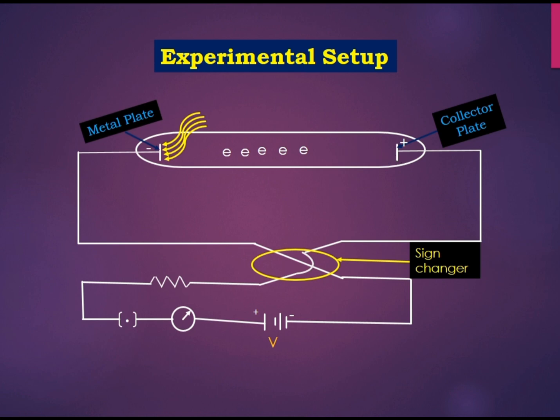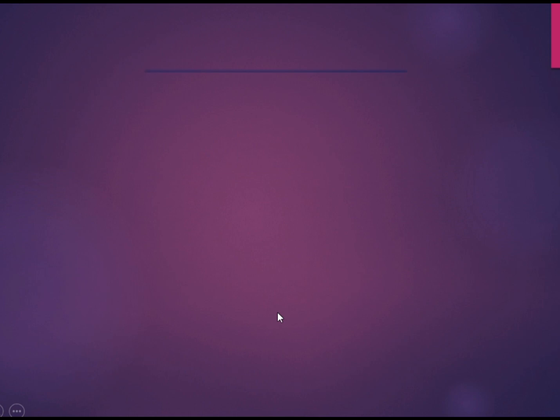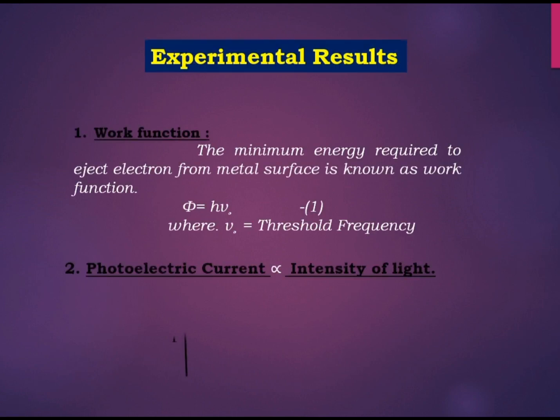It means the potential required to stop the electron with the highest kinetic energy from reaching the collector plate is called stopping potential. So this is the function of the sign changer.